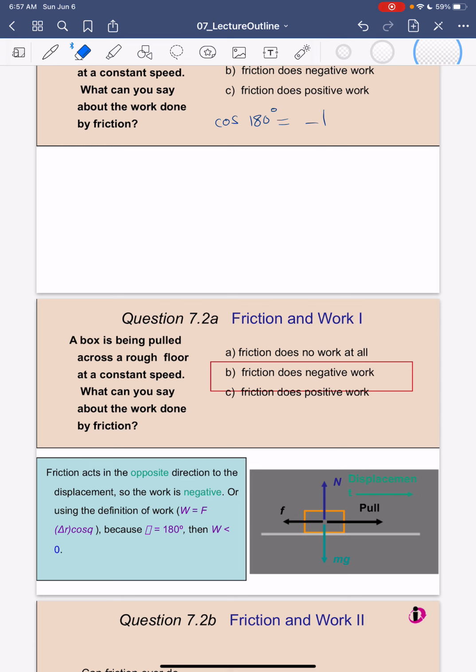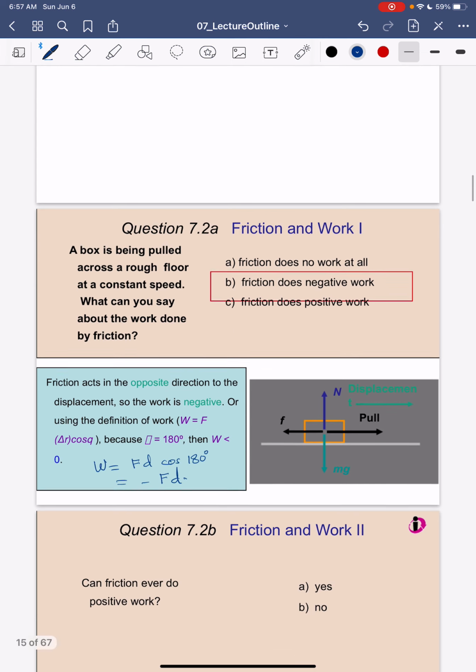Friction acts in the opposite direction to the displacement, so the work is negative. Or using the definition of work, maybe it's a little bit misleading, I will say it is F D cosine 180, and that is going to be negative F D.